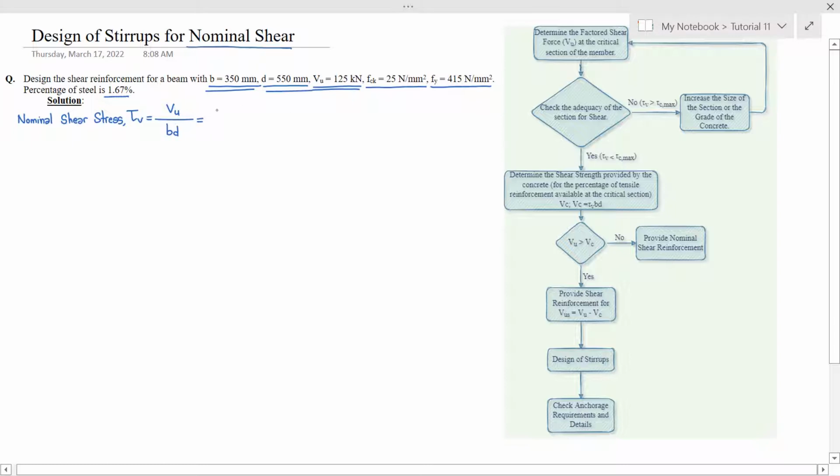So Vu we have 125 kilonewton, that is 125 into 10 to the power 3 Newton divided by 350 multiplied with 550. You will get the value of tau v to be 0.65 Newton per mm square.